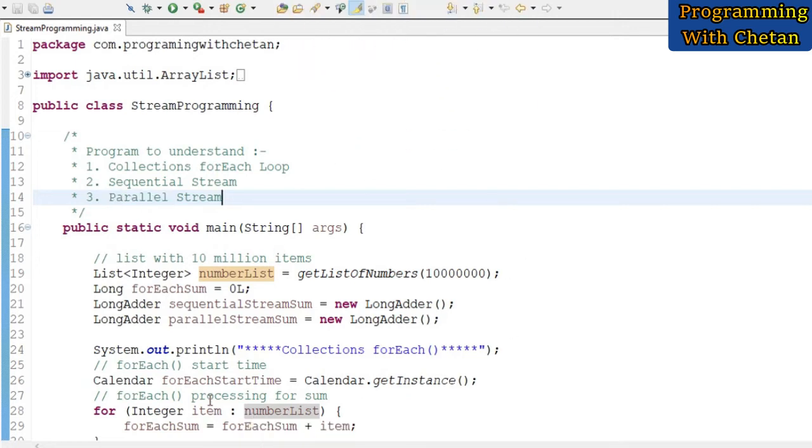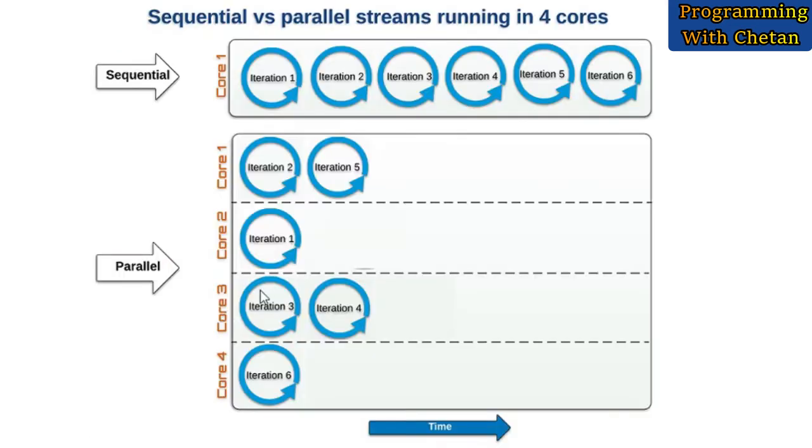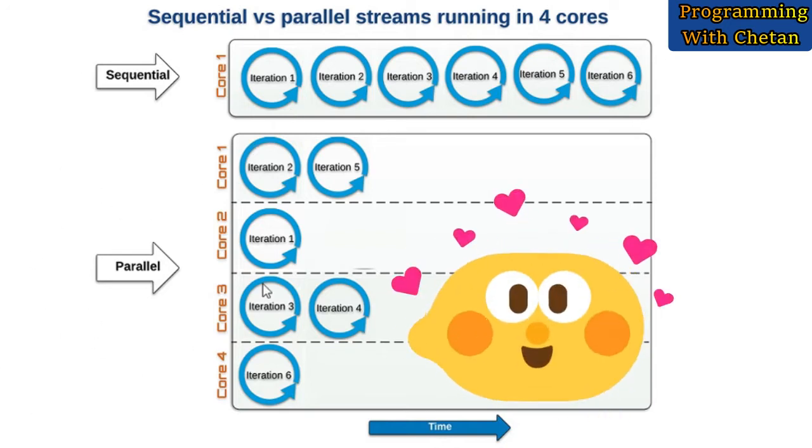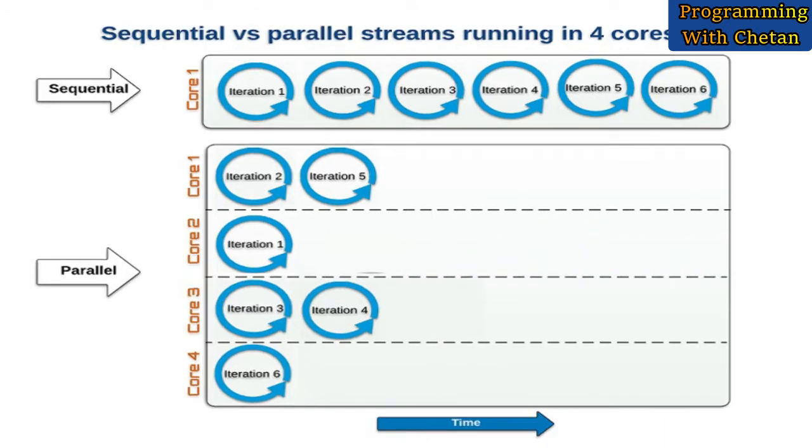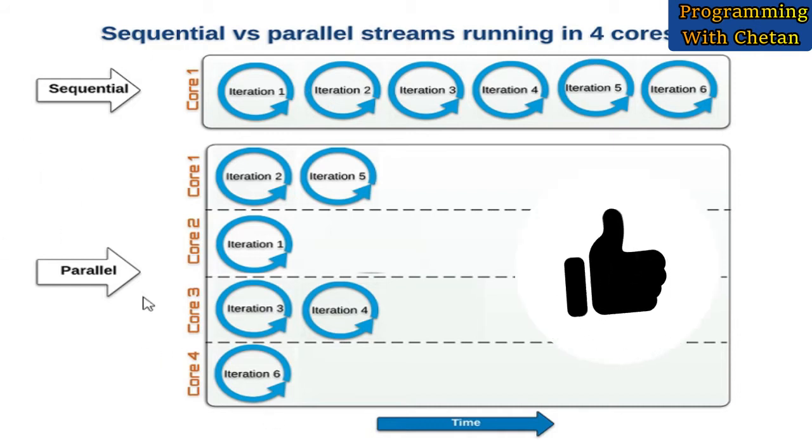Before discussing the program, let us first discuss the concepts of sequential stream and parallel stream. My dear friends, with the help of this diagram, I will try to explain the difference between sequential stream and parallel stream, and we will also see how these streams work. Currently I am taking an example of a system which has 4 cores. A sequential stream always operates in a single core, whereas a parallel stream makes the best use of a multi-core system.